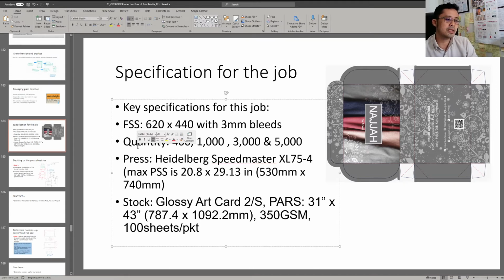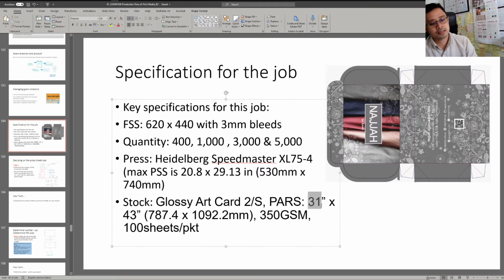Ni saya kira ni include this bleed. So what is the quantity? 400, 100, 300, 400, 400, 1000, 3000 and 5000. There will be 1, 2, 3 and 4 quantity or order. So what is my machine going to print this? Heidelberg Speedmaster XL 75. This is the size that we discussed. What about the stock? Glossy art card.